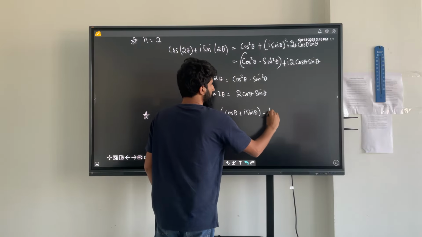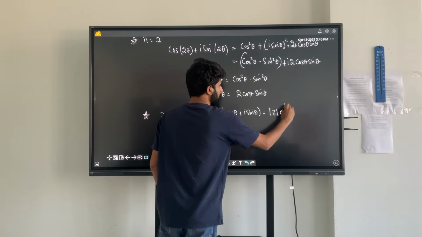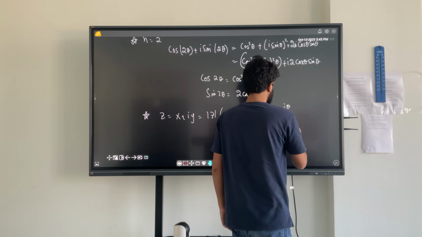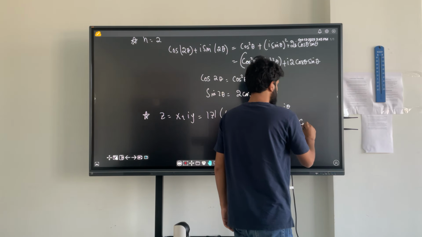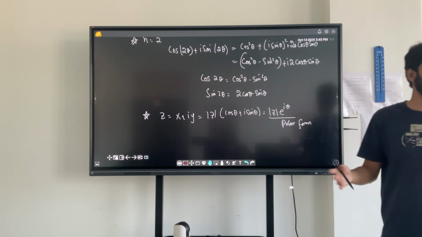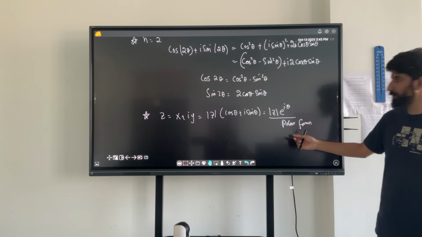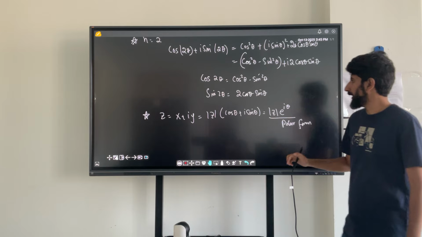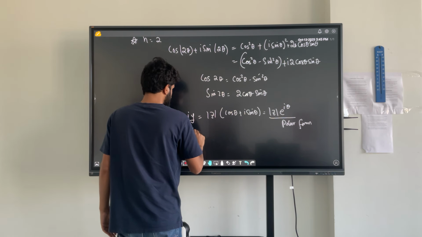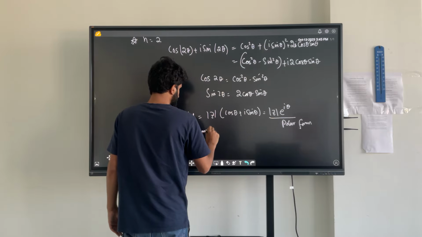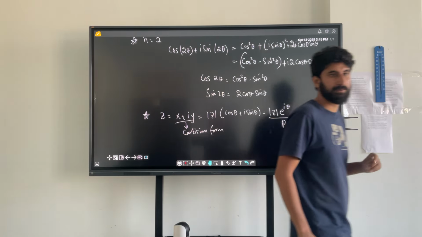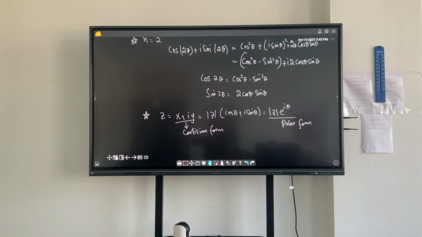And this is called polar form, the polar form of the complex number. Polar form comes from the word polar coordinates, because we are using polar coordinates. And this is called, I think, Cartesian form. So obviously you can go from this to that.